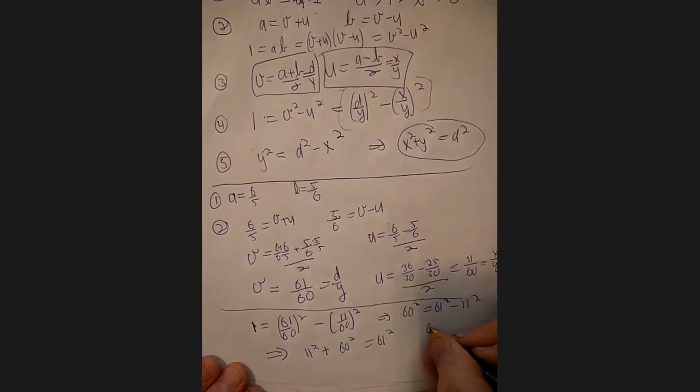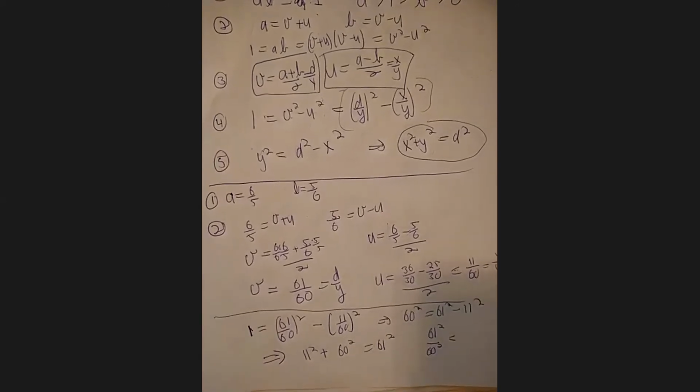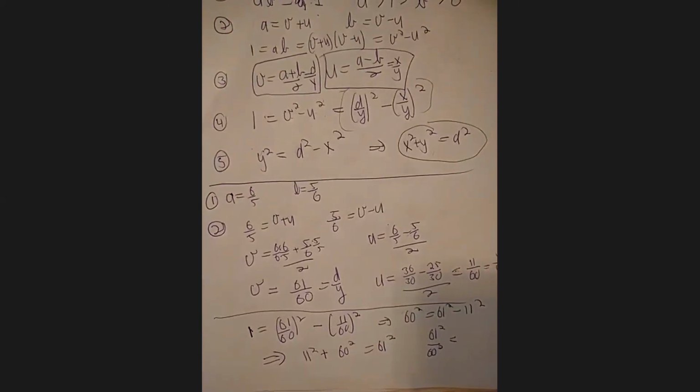So look at this number. I'm curious, is this on the table? So let's compute this: 61 squared over 60 squared. And tell me what you get.